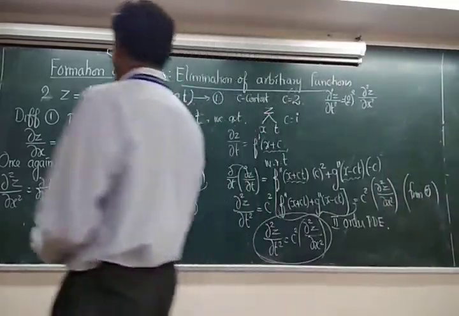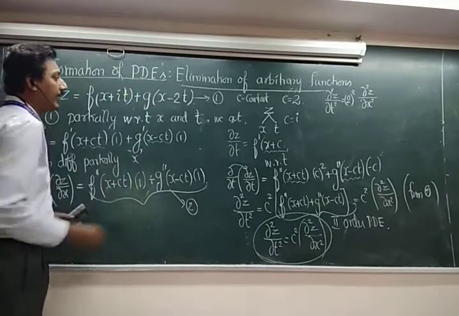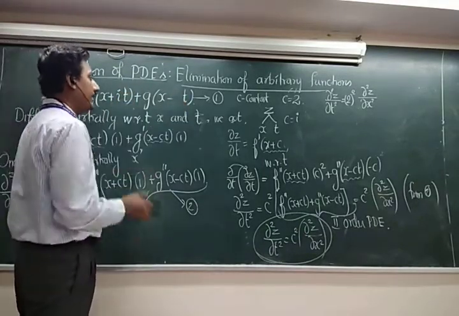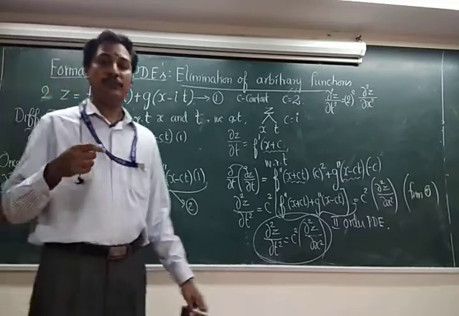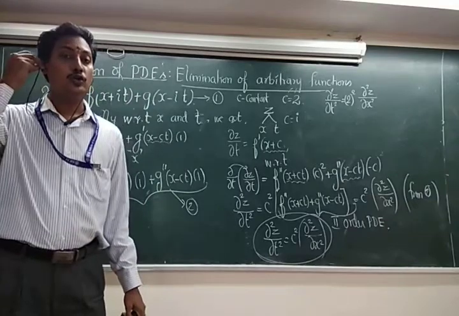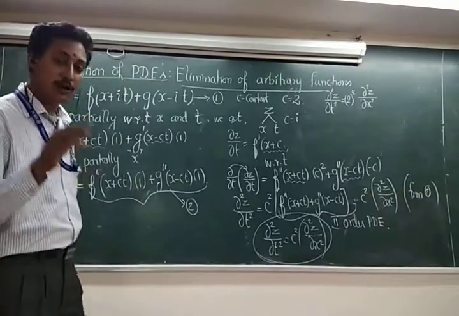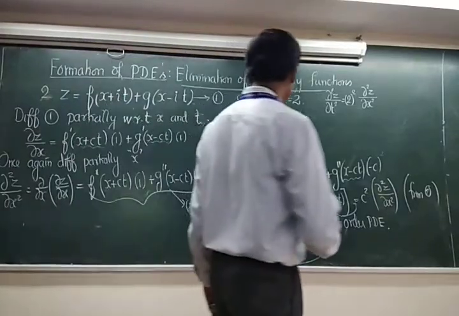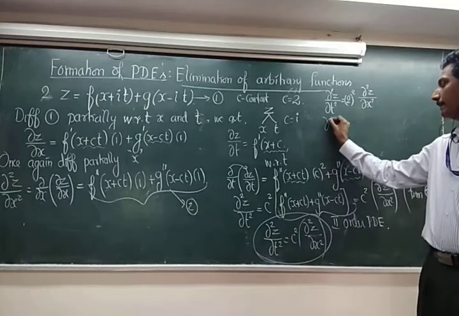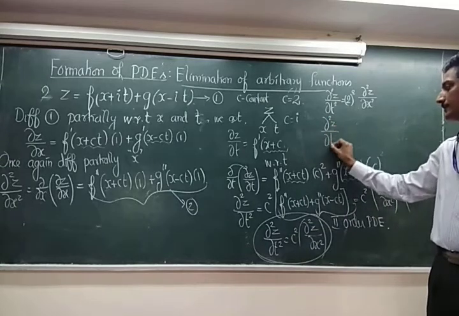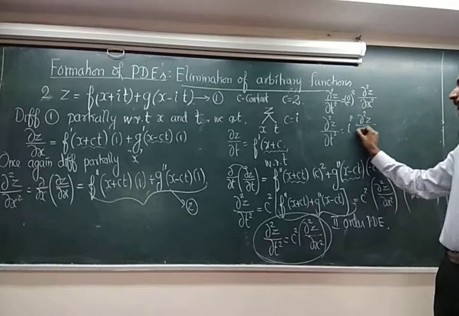Suppose c is equal to i, what happens in this equation? This equation becomes z is equal to f(x+it) plus g(x−it). So the same problem, we can assign different values to the constant c, right? Suppose c is equal to i. Once again, what will be the answer? ∂²z/∂t² is equal to i² into ∂²z/∂x².